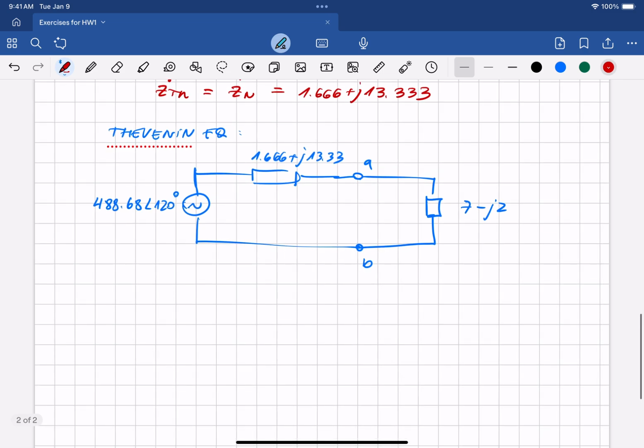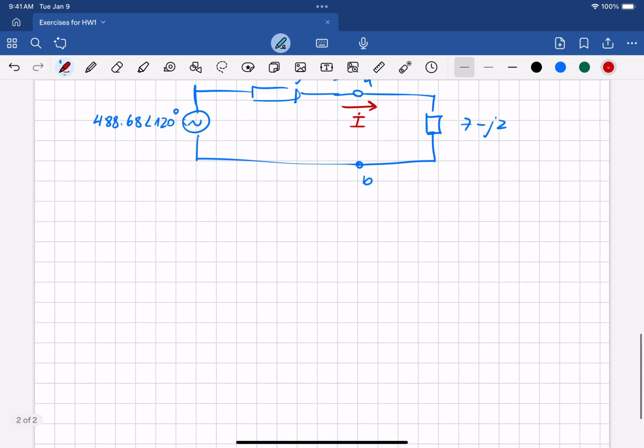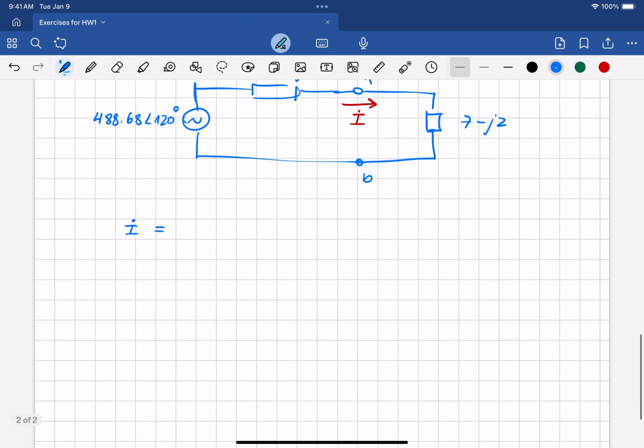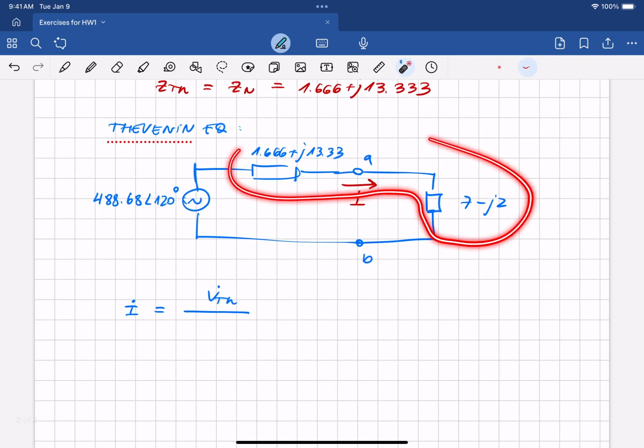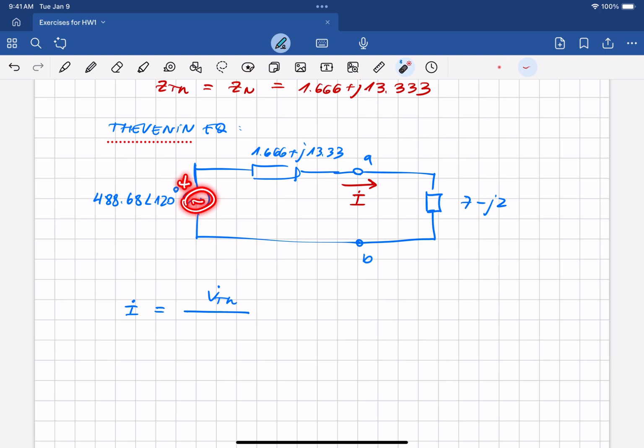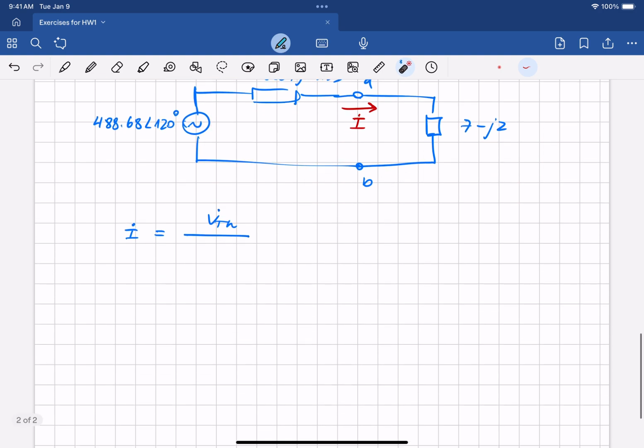So let's go and calculate this current. Let's call it just I. It will be the voltage source, right? So let's call it VTH divided by the sum of the two impedances, since they are in series, right? So we're going to have this voltage divided by the equivalent impedance, and that would be it.